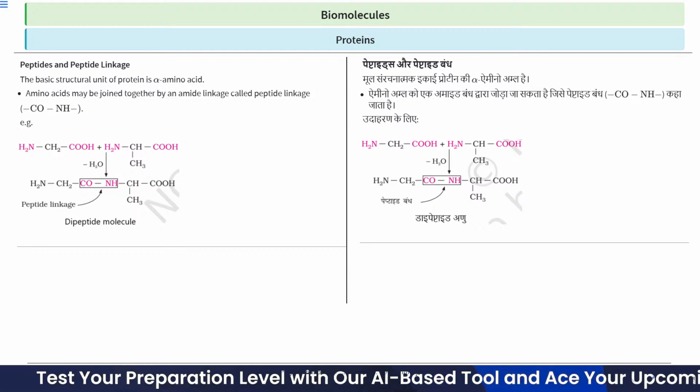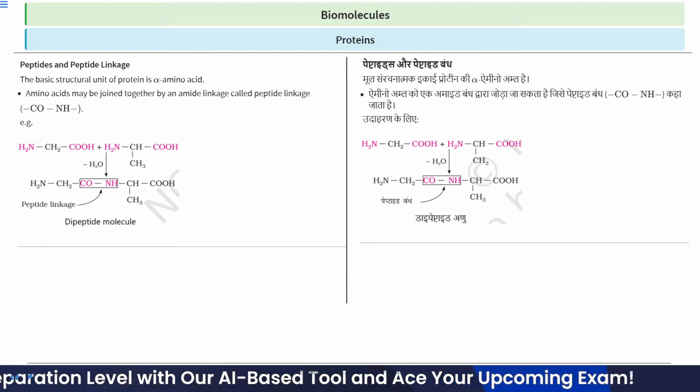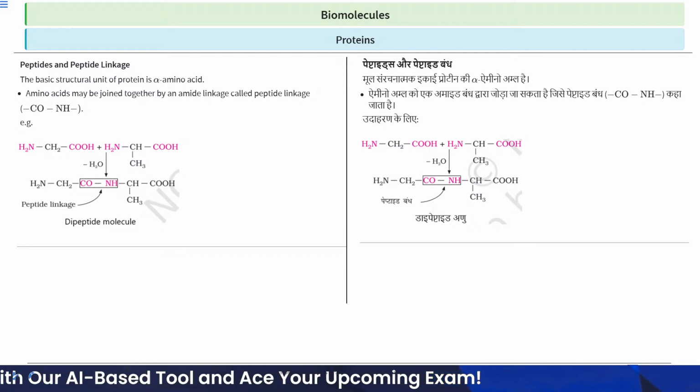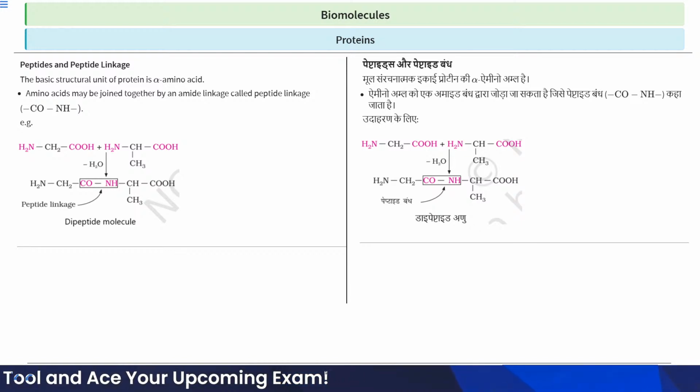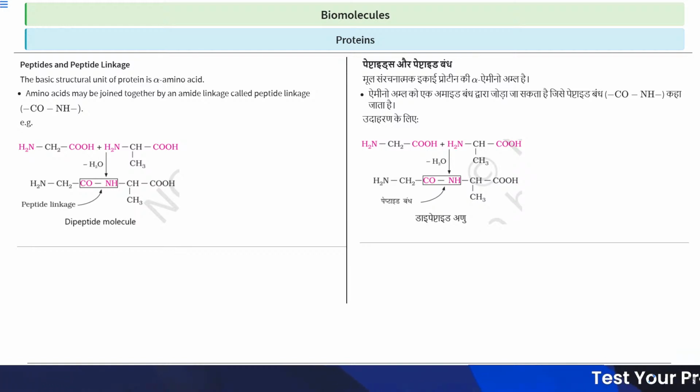The CONH bond is known as peptide linkage. We get a dipeptide molecule by the combination of two alpha amino acids, when they lose a water molecule and form a peptide linkage.